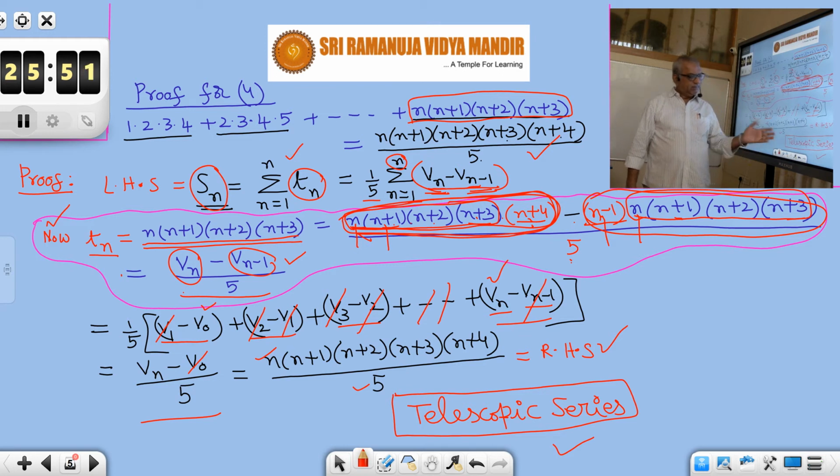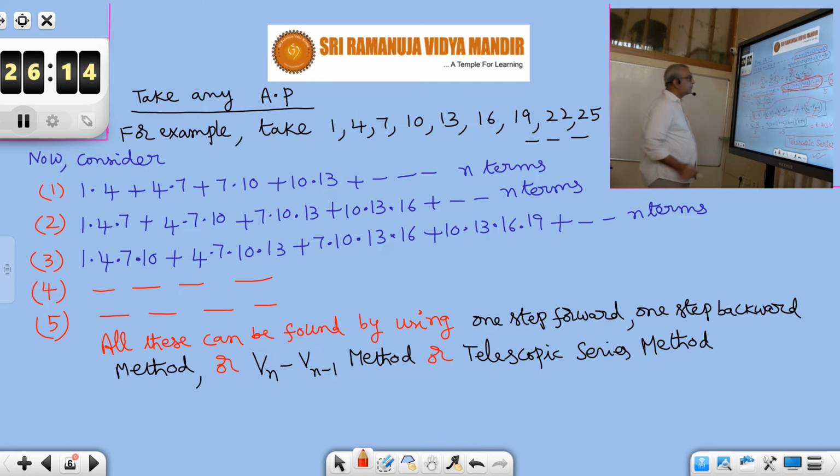And sometimes they call it a telescopic series also. Telescopic series means everything gets cancelled out in the bracket except one part in the last bracket and one part in the first bracket. They will remain, everything else will cancel out. That type of series is called telescopic series. So let us go to the next page.